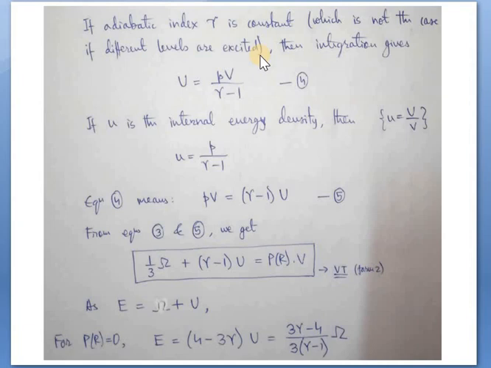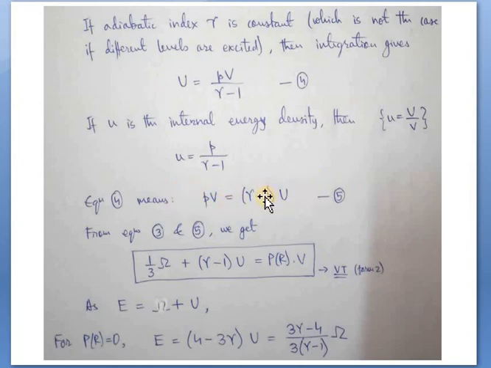Next, we note that if the adiabatic index gamma is constant, which is not correct if the different levels are excited, then our integration gives us this value, and as a result the internal energy density, which is equal to capital U by V, comes out to be like this. And so equation 4 takes this form.